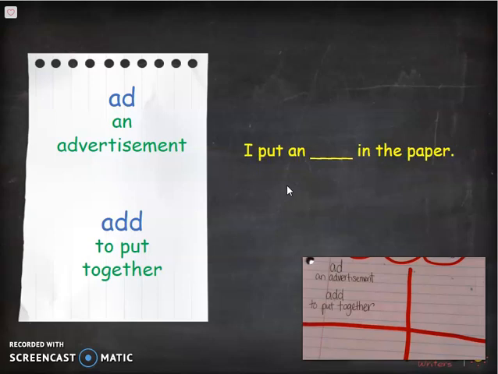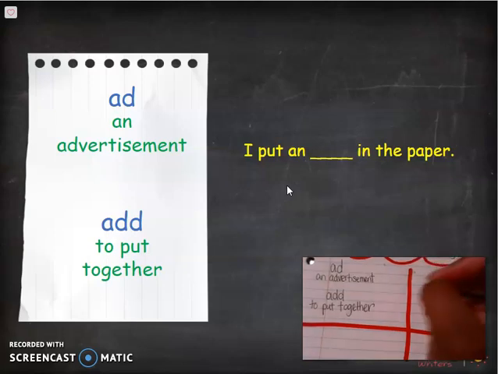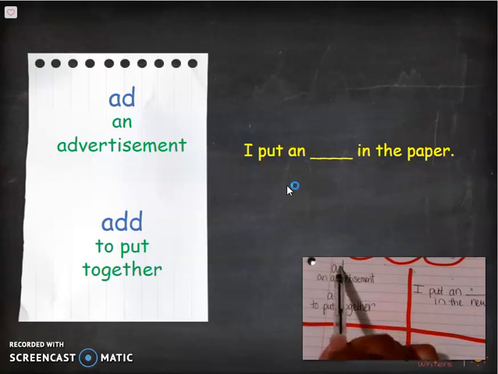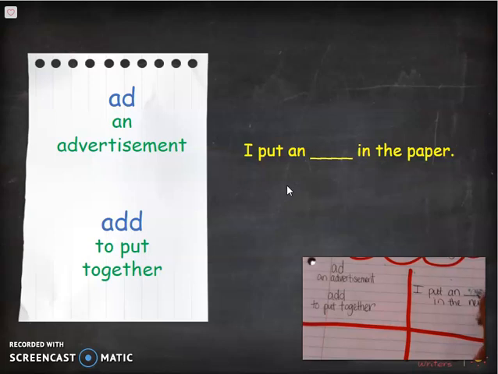Now, if I had to put them into a sentence, I'm actually going to use this other side for sentences. So if I had the sentence, I put an ad in the newspaper, I would not be referring to the add where you put things together. I would be referring to the advertisement. So then in that little blank, I would put AD.